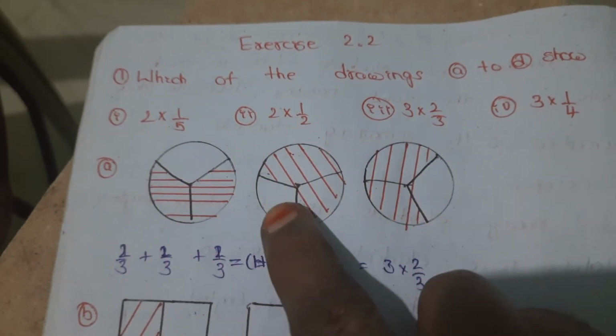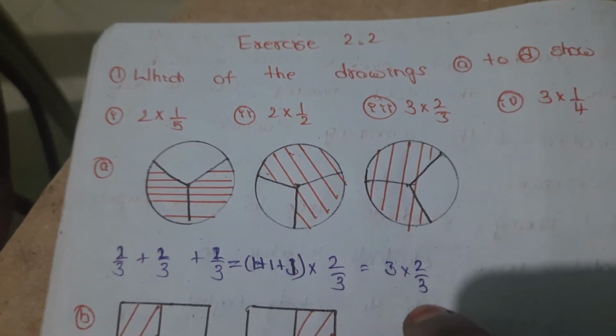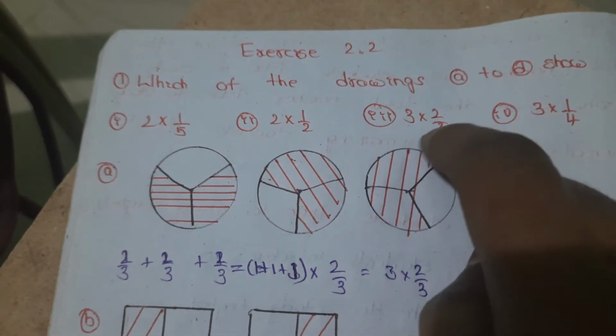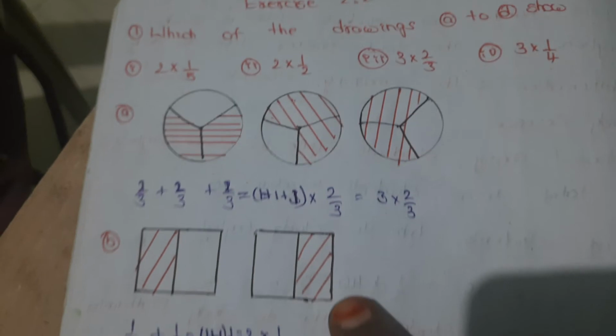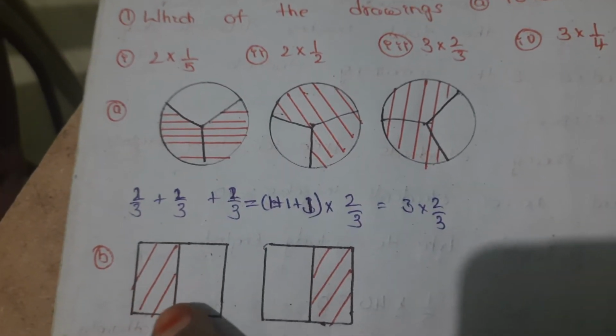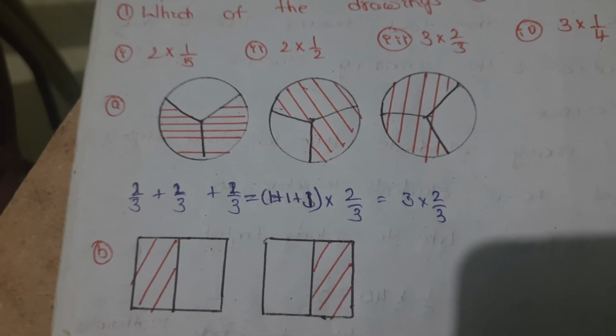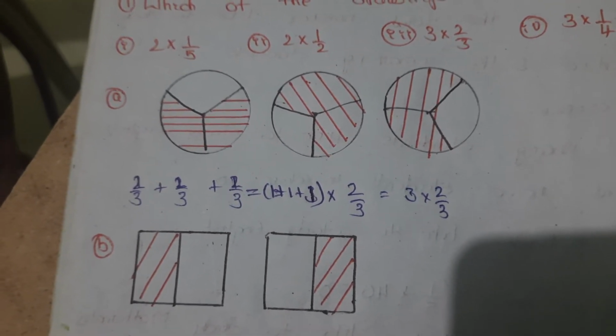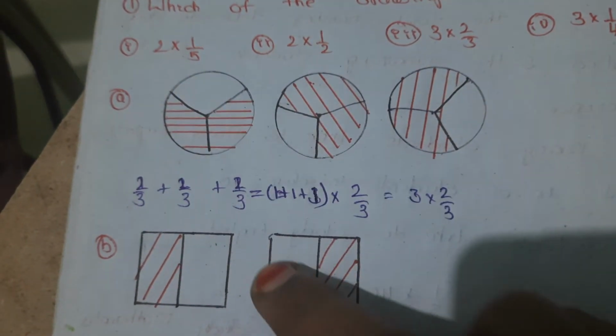This diagram represents 2 into 3 by 3. That shows the third value. In a similar way, you can write the fractional values of each diagram, simplify them, and find out which number is suitable for that diagram.